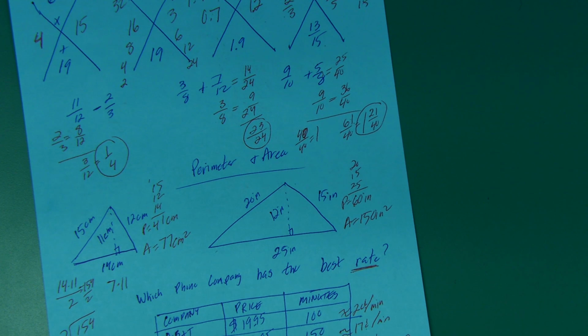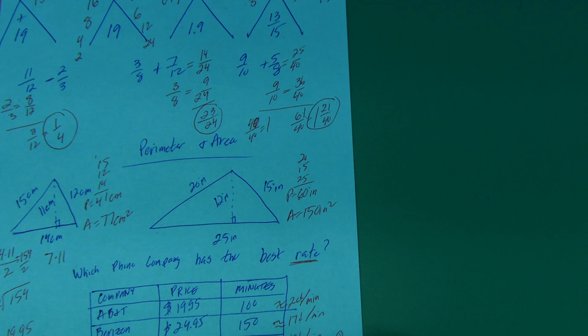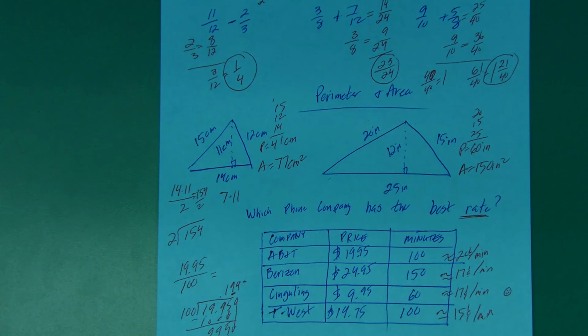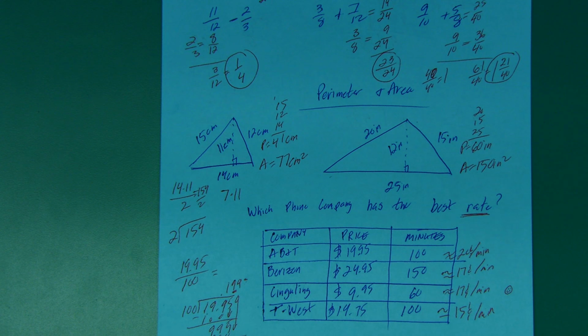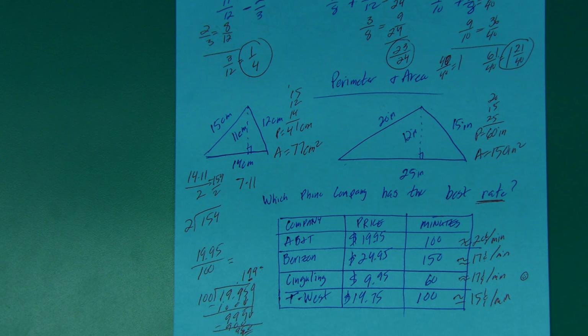So this is going to be 0.1475. And if I round that, that's going to be about 15 cents per minute. Okay, so what's the best deal? T-Mobile is the best deal. Sprint is a tiny bit better than Verizon. Looks like AT&T is the most expensive plan.